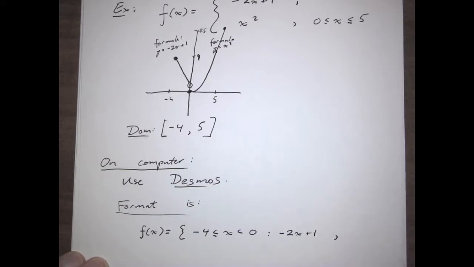This separates the functions. Then the next condition, 0 less than or equal to x less than or equal to 5. This is all on the same line. Colon, x squared. And I'll show you how you would actually enter that right now.